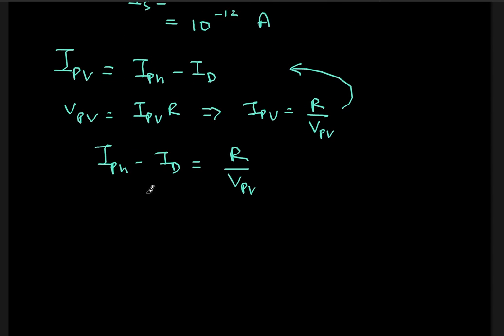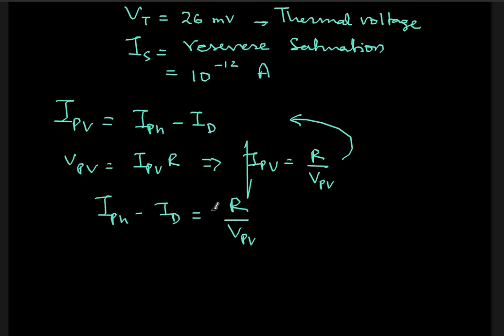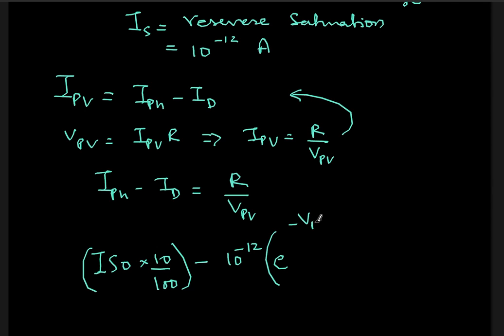Here, if I substitute again the values of the above things, the amount of insolation, ISO, into 10 by 1000, minus the diode current, which is 10 to the power of minus 12 e to the power of minus VPV divided by n into, so n I already know, that is 1.2 into 26 milli.